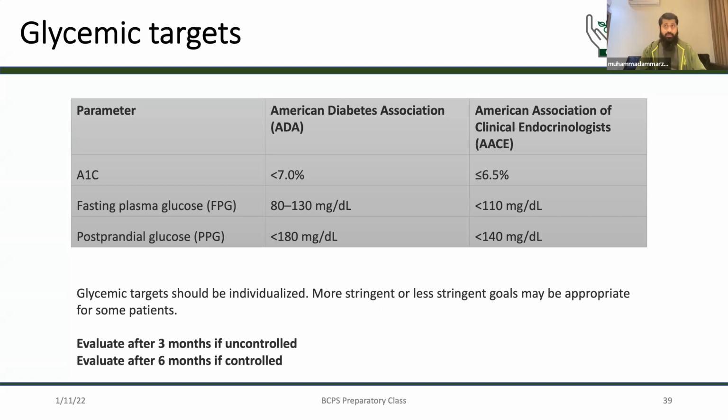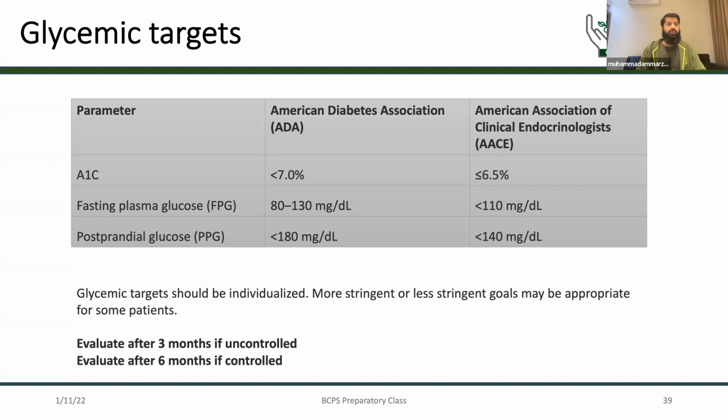The criteria are slightly different between the American Diabetes Association and the American Association of Clinical Endocrinologists, but either one of them would suffice for you if you memorize them. So glycemic targets should be individualized. This is very important. ये जो values हैं, ये पत्थर पे लकीर नहीं है. You have to take the patient very seriously at an individual level.